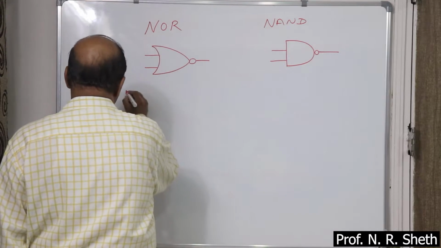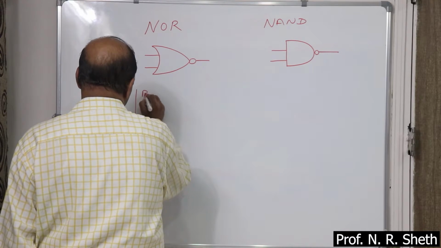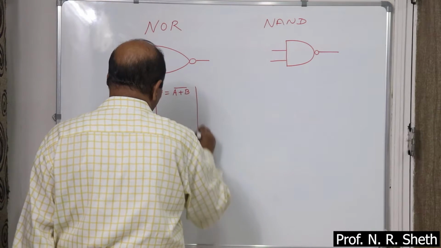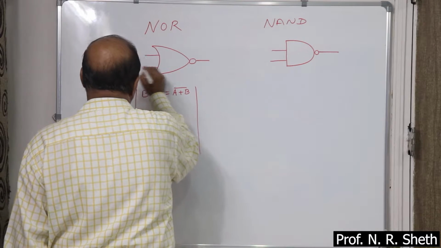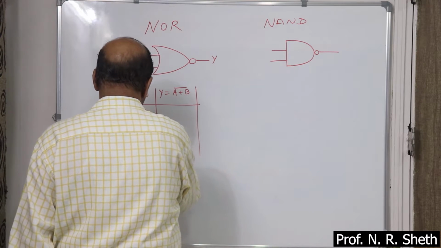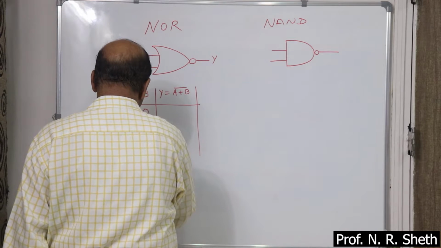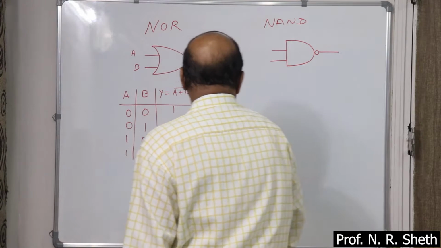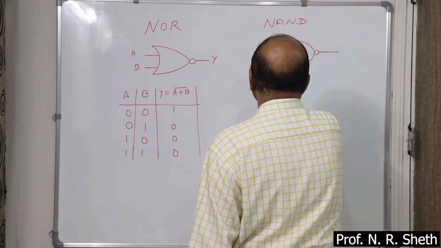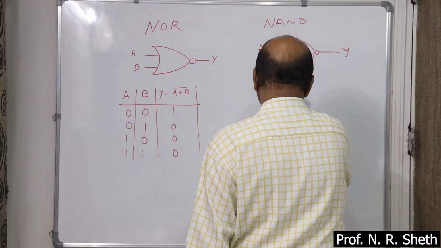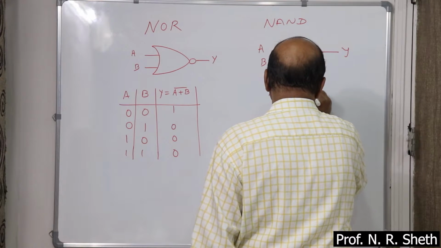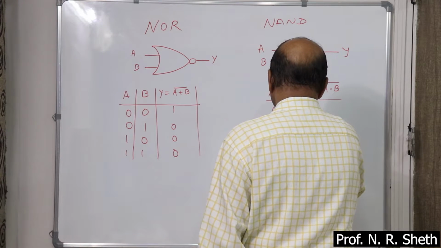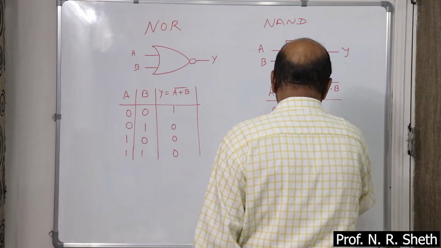Now, as far as the truth table is concerned: A, B, Y equals (A plus B) whole bar, if A and B are the inputs and Y is the output. 0, 0, 0, 1, 1, 0, 1, 1. And NAND gate is concerned.